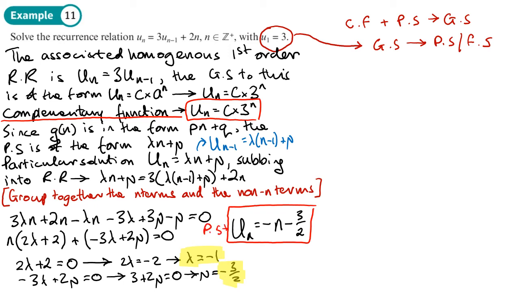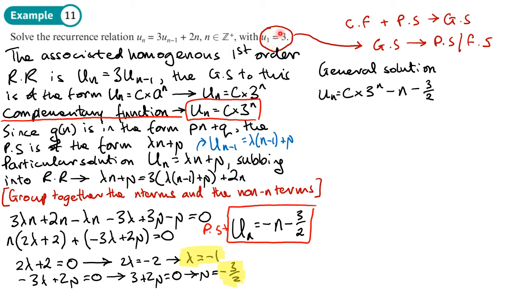Now my general solution is going to be the sum of the complementary function, which is c times 3 to the n, plus the particular solution. So u_n equals c times 3 to the n, plus the particular solution, which is minus n minus 3 over 2. And now I want to find the value of c. How do I find the value of c?